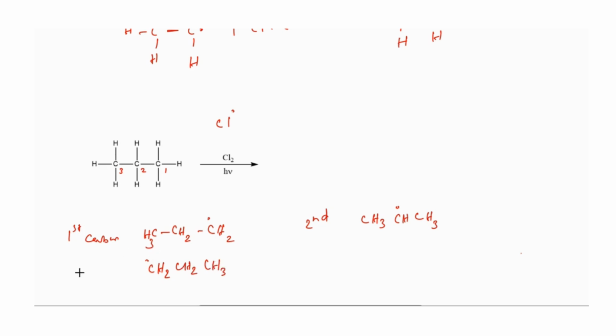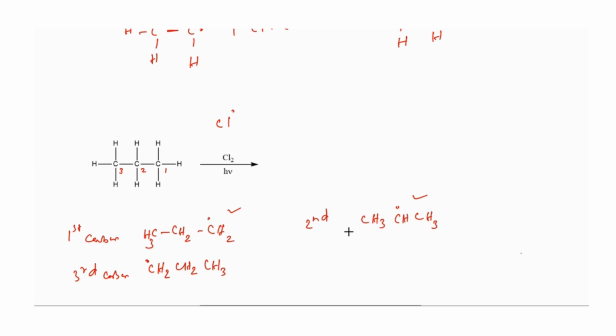You see, if it is the first and third, it looks the same. So in conclusion, we will get only 2 types of radicals, either this one or this one. Only 2 radicals can generate from this propane.